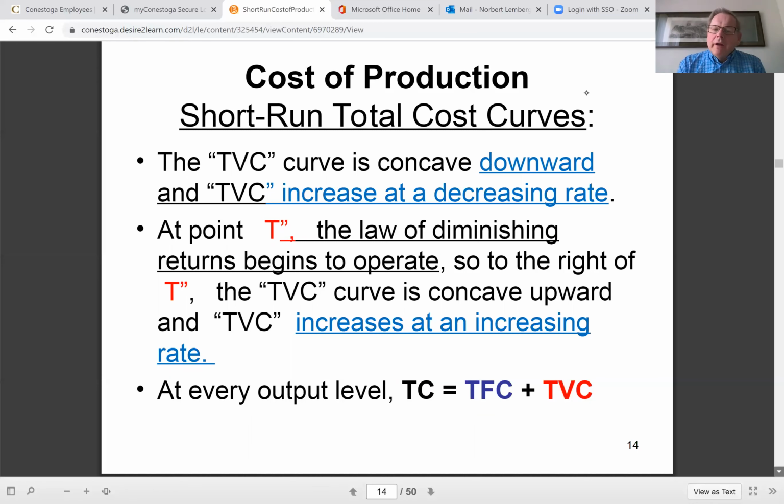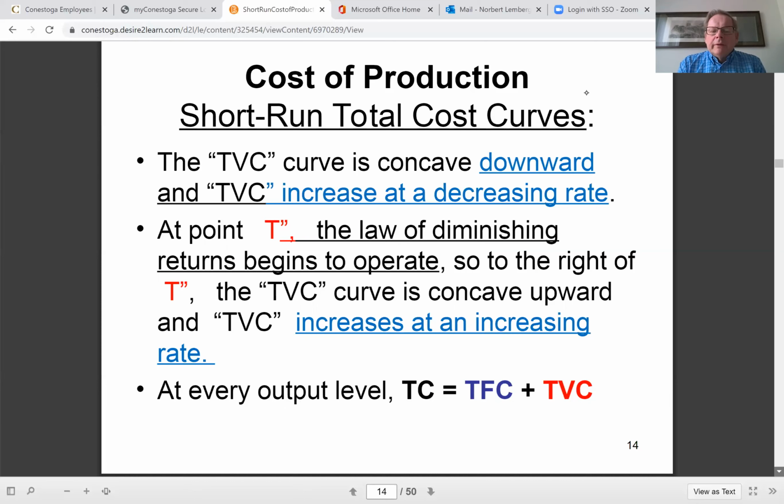At T double prime, the law of diminishing returns begins to operate. So to the right of T double prime, the total variable cost curve is concave up, and your total variable cost curve is increasing at an increasing rate. Please highlight bullet point number 2 if you have your notes in front of you.